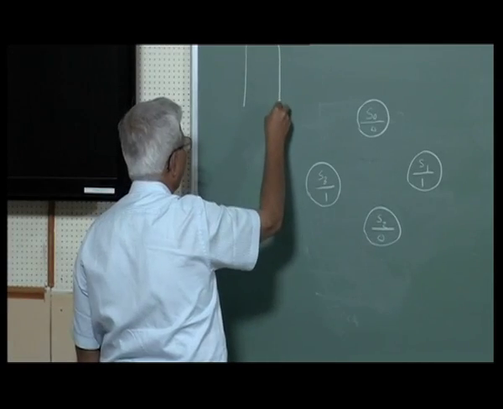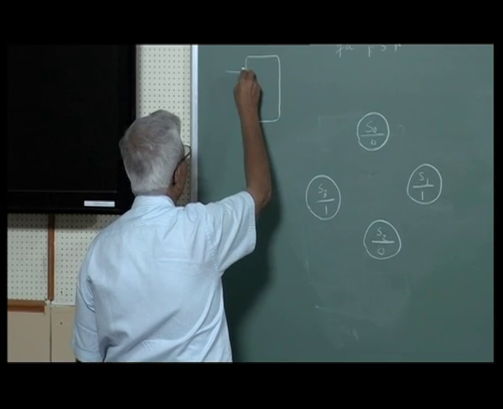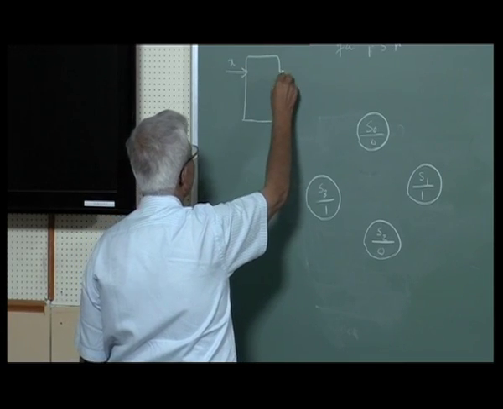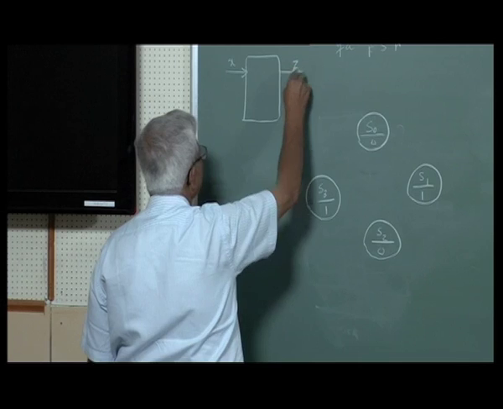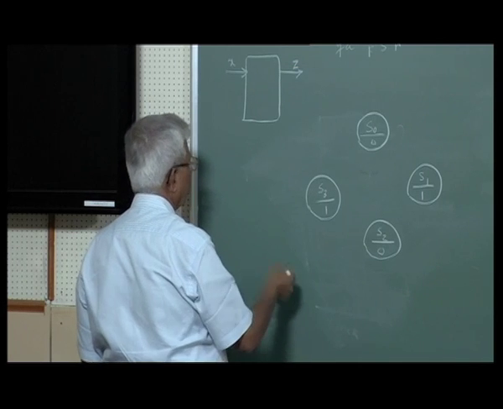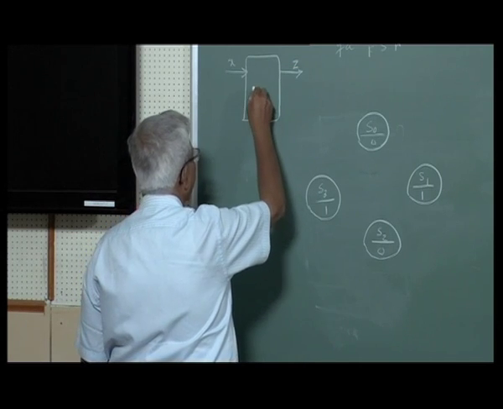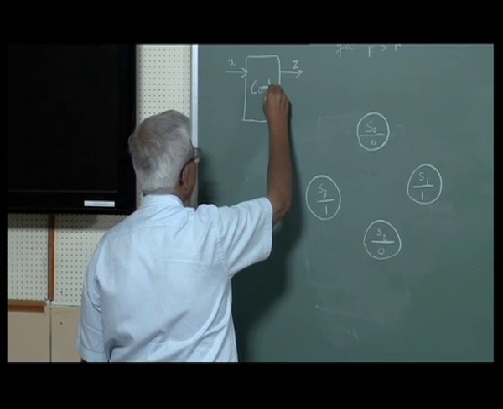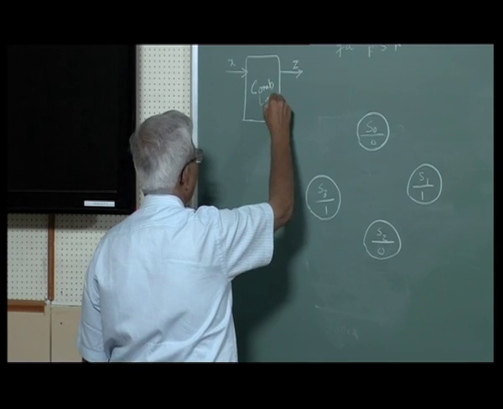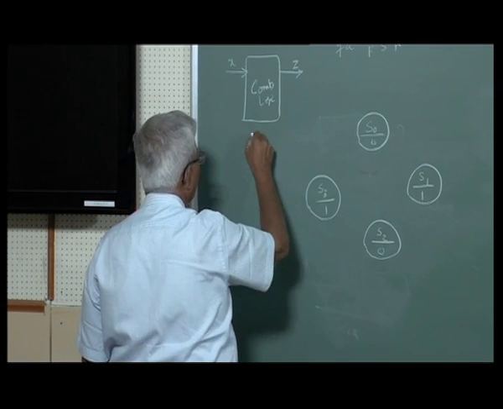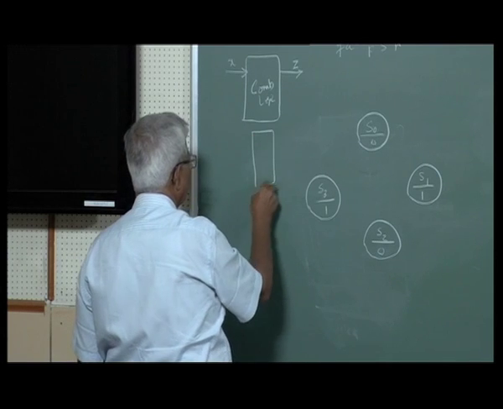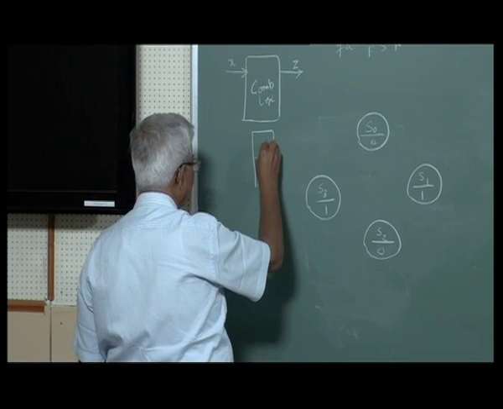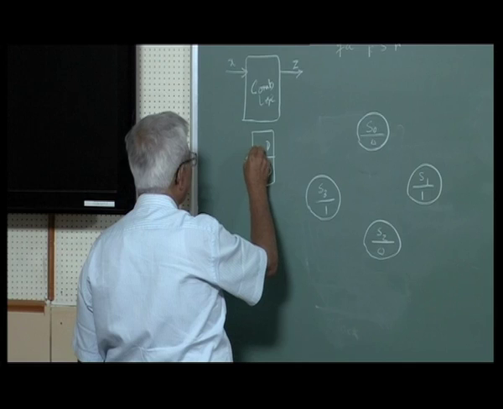This has 2 flip-flops, 1 input X, 1 output C, and this has 4 states. So there is a combinational logic, and there will be 2 flip-flops. It can be D, T, anything. I am just making it D for simplicity of drawing.